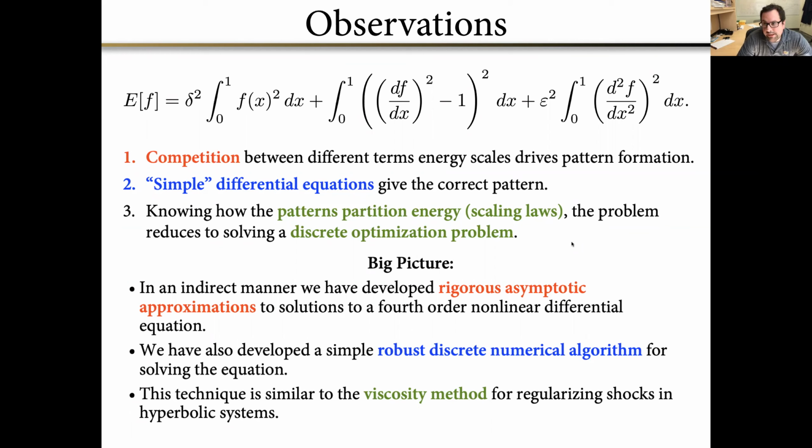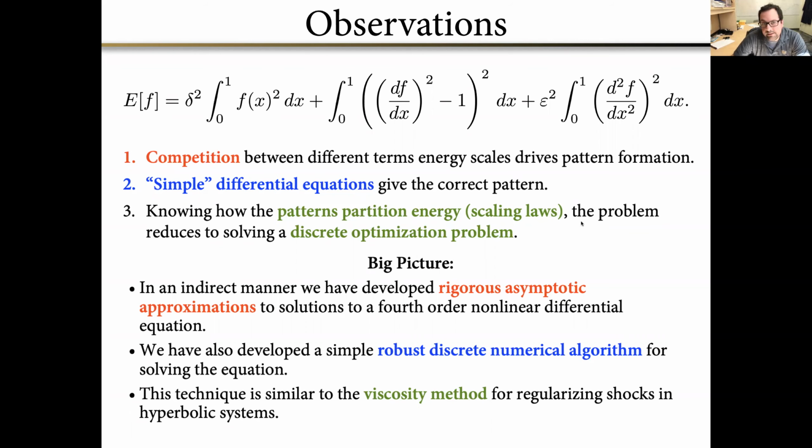When you do a singular perturbation problem, you try to split the problem into different regimes, solve local problems, and patch them together. That's kind of what we do here, except we minimize different pieces of the functional and patch them together. These are simple differential equations that we solve, which give the correct pattern. And knowing how these patterns partition the energy boils down to solving a discrete optimization problem.